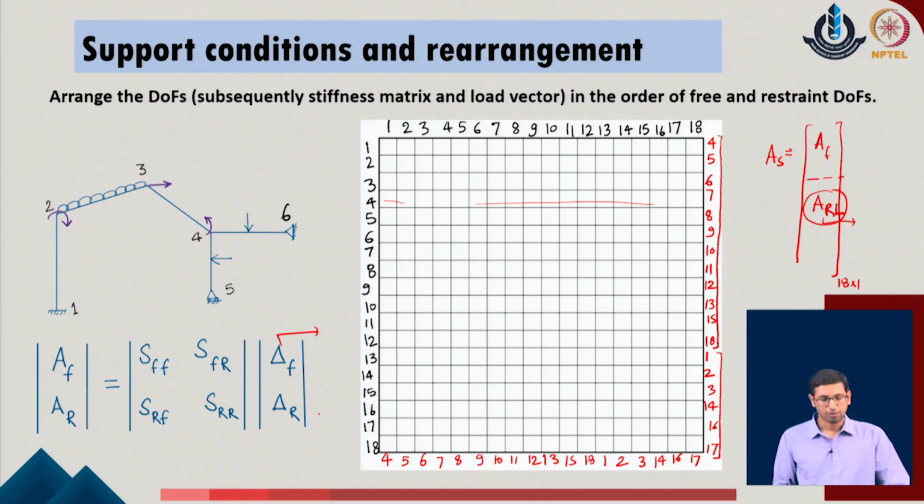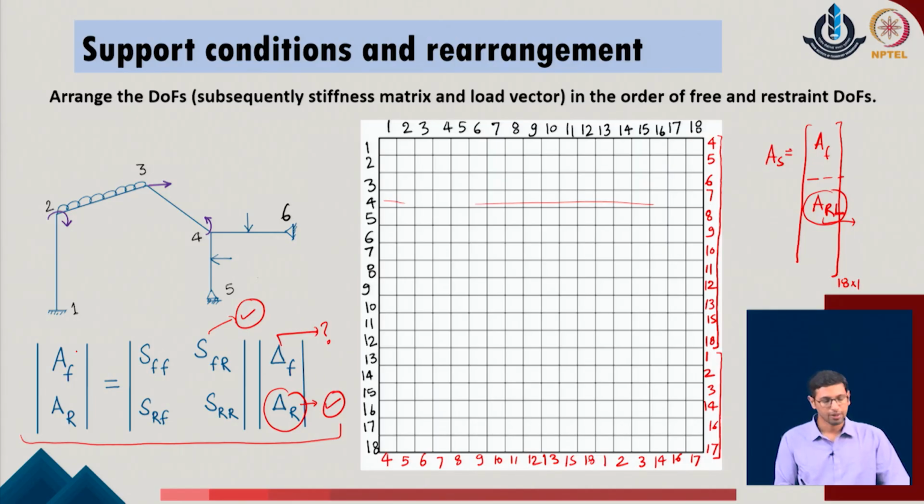So, now as a part of the process, we have this equation to be solved. We know that the stiffness matrix, once arranged, we know all the values of it. Delta of F, which are the degrees of freedom corresponding to the free degrees of freedom, we do not know these values, these are unknown to us. Delta of R, degrees of freedom which are restrained in the given problem, we know all these values because either they will be 0 or they will be given some finite values.